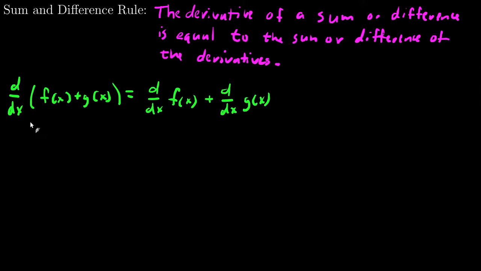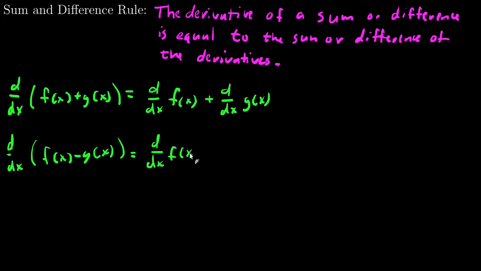And similarly, the derivative with respect to x of f of x minus g of x, the derivative of the difference, is equal to the derivative with respect to x of f of x minus the derivative with respect to x of g of x.